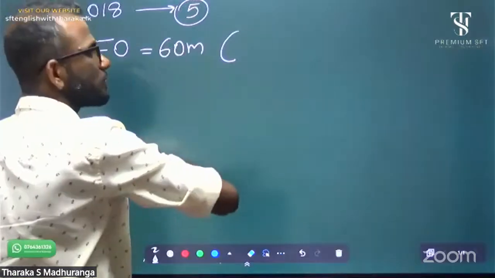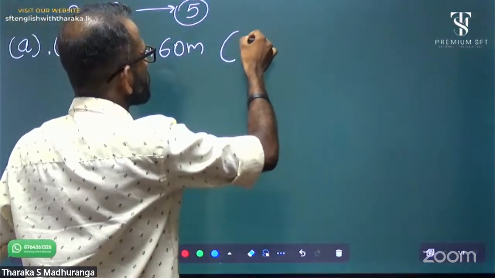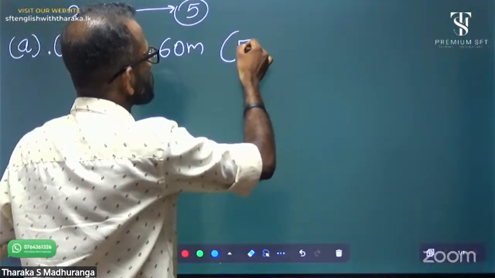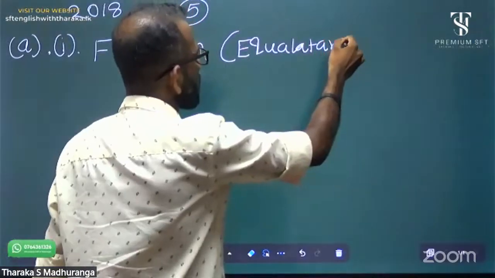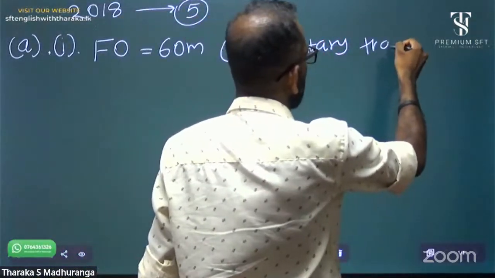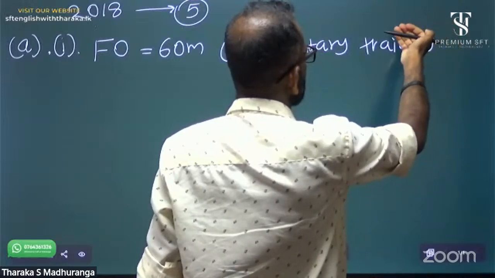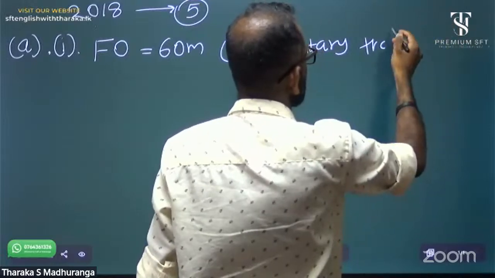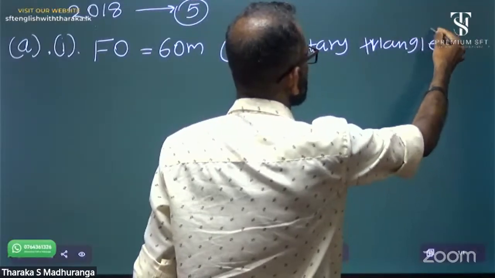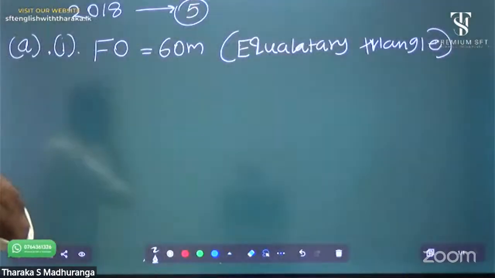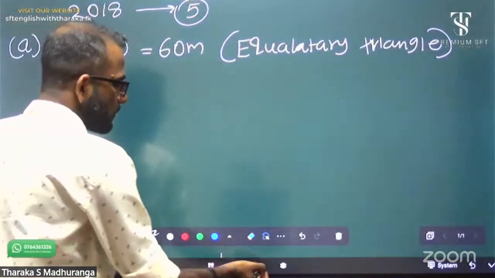The reason is not compulsory, but you can mention the reason: equilateral triangle. FO equals 60 meters.